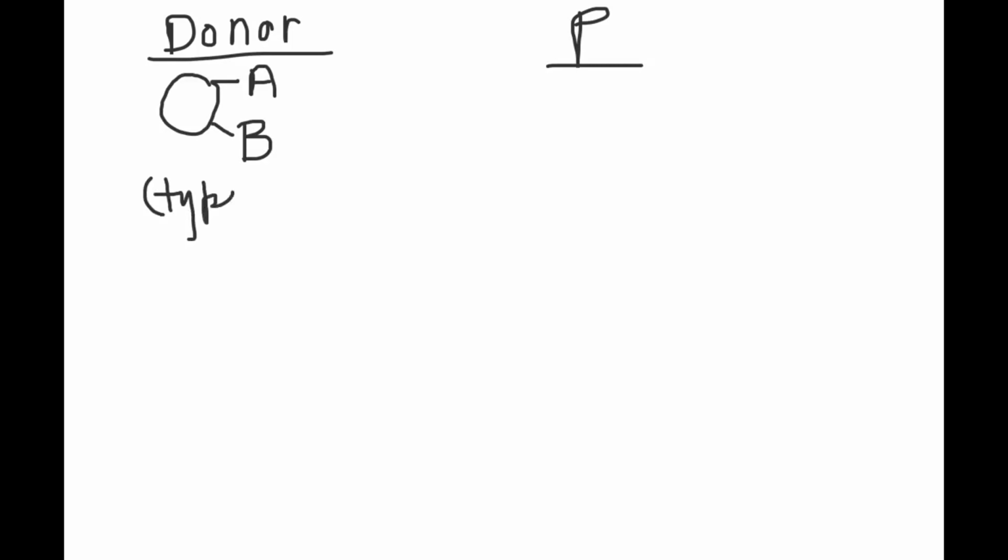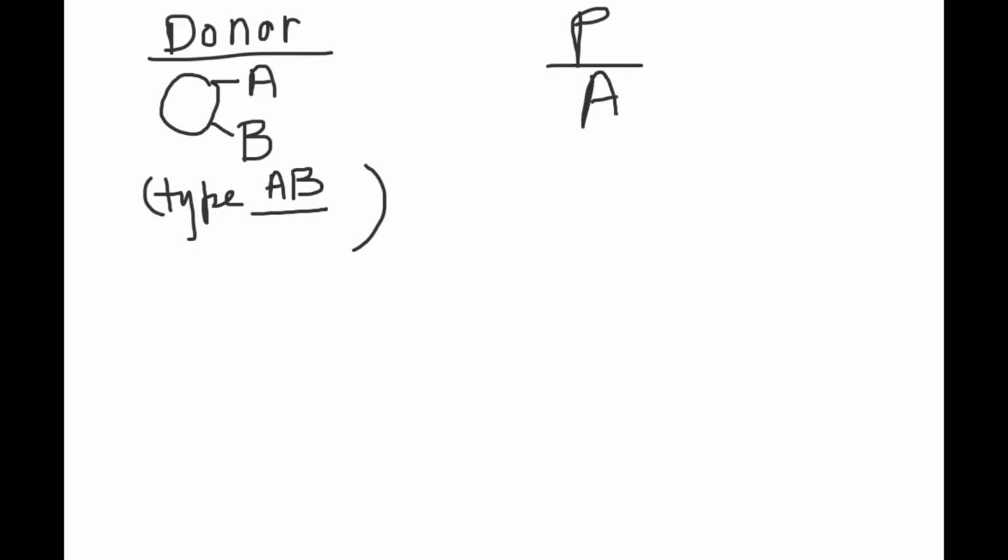Okay, let's try one more. Donor, patient. If the donor has A and B, that means this donor is type what blood? AB. Very good. The patient has type A blood.